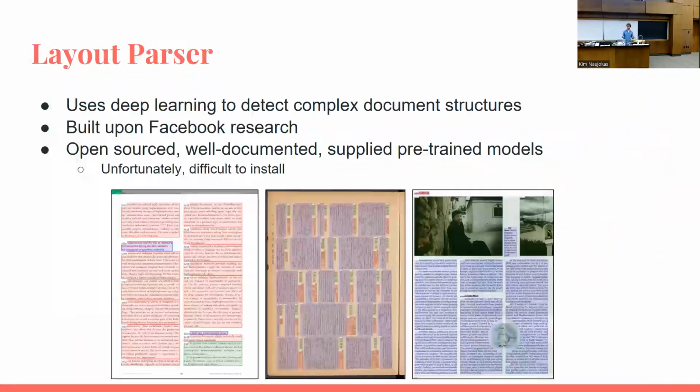That's where we use this program called Layout Parser. Now, Layout Parser uses deep learning to detect complex document structures, and it's built upon some Facebook research. And I think Layout Parser is pretty great because it's open sourced, which is computer speak for free. It's well documented by the developers, so I can find tutorials online. And the developers have supplied us with some pre-trained models as well.